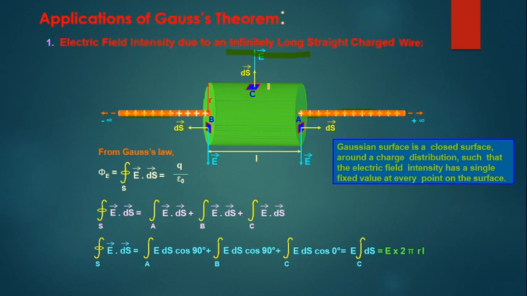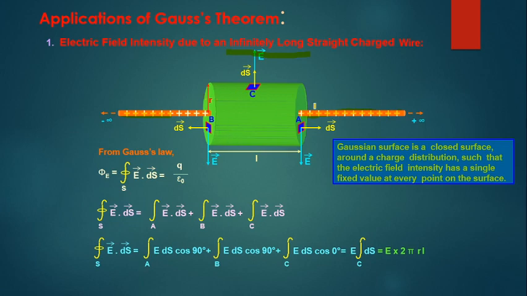Consider a Gaussian surface cylindrical in shape, having three surfaces. To calculate the electric field intensity, first we have to assume the Gaussian surface. We have to enclose the charge inside the Gaussian surface.